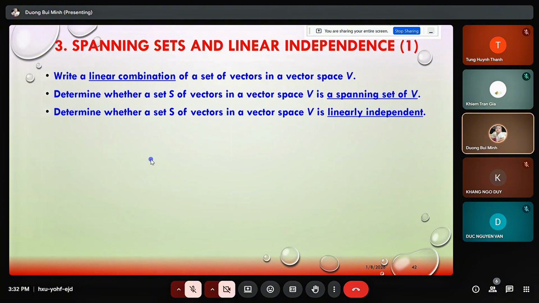Of course, we know how to demonstrate the linear independent or dependent, right? We need to consider homogeneous systems. And if we have the trivial solution, we have linearly independent. So if we have many solutions or a non-trivial solution, this is linearly dependent.